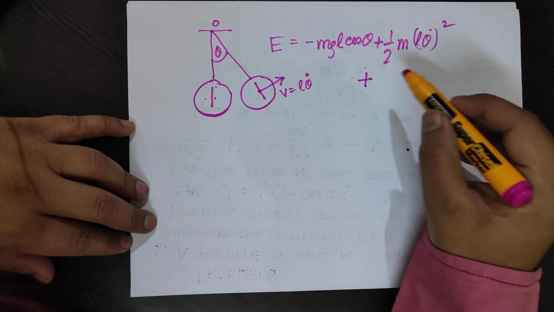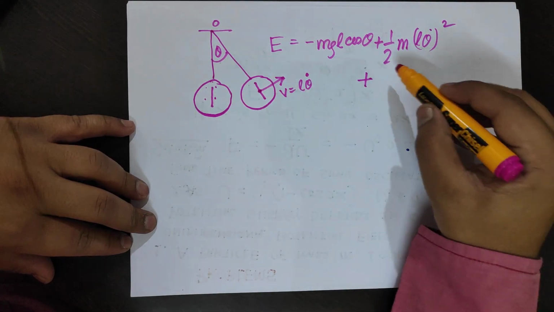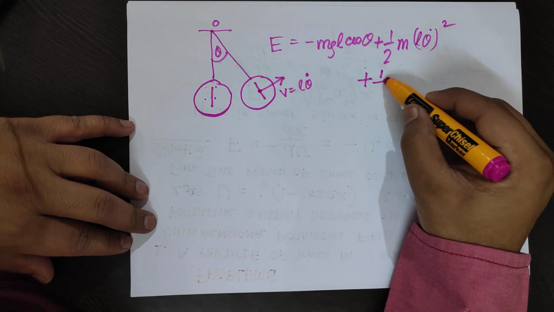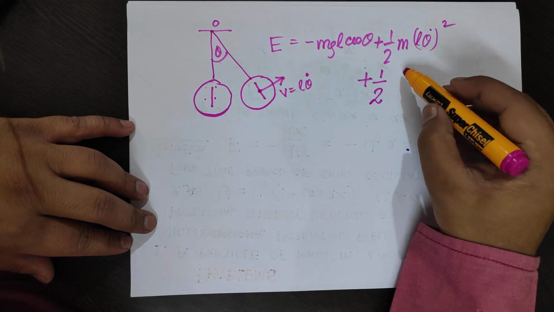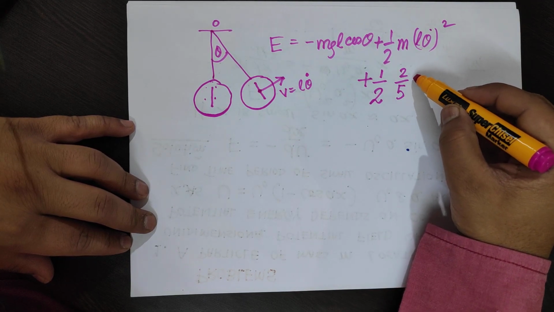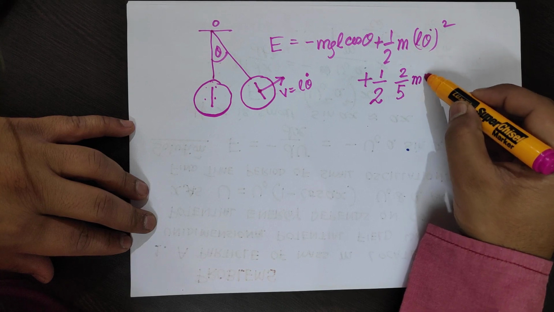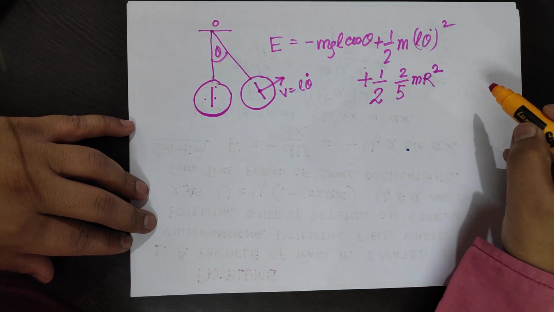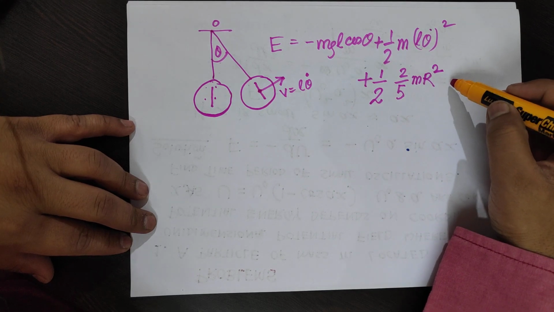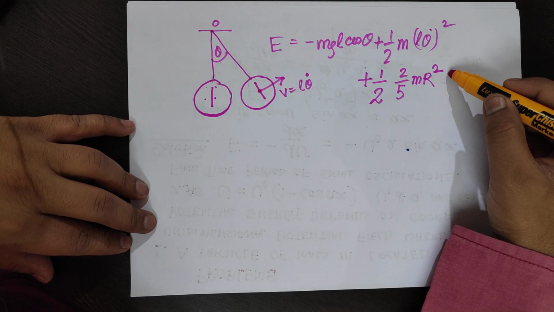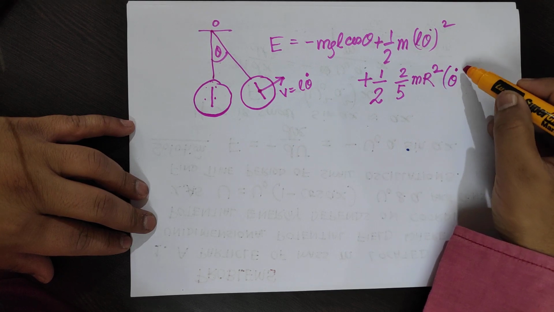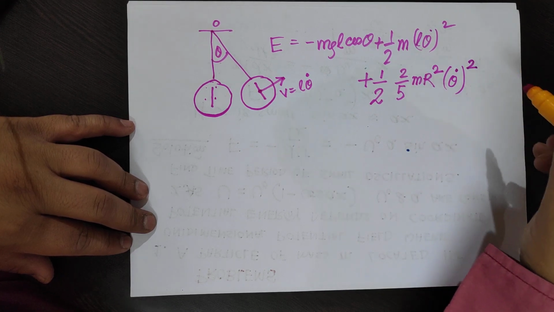Sorry, this is translational kinetic energy. For the rotational kinetic energy, you have half times 2 by 5 m r square multiplied by the angular speed, theta dot square.